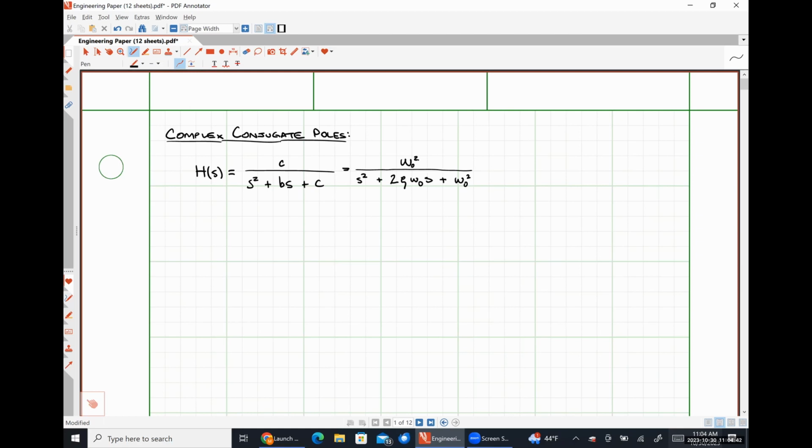So in this particular expression, omega naught squared is simply equal to c, and omega naught is the resonant frequency of the circuit. Do any of you remember from Circuits 2 what the resonant frequency means?